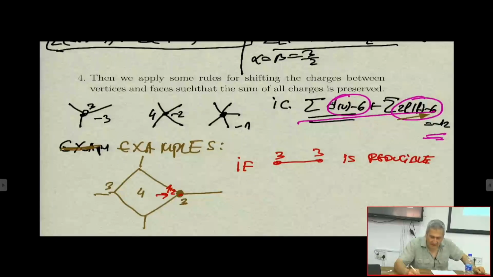Here is maybe a 4 vertex and here maybe a 5 vertex. So if I have proven before that this is reducible, I will send 1/2, 1/2, 1/2. What will I do? I have here an initial charge of 2 on the 4 face. What is smart to do?